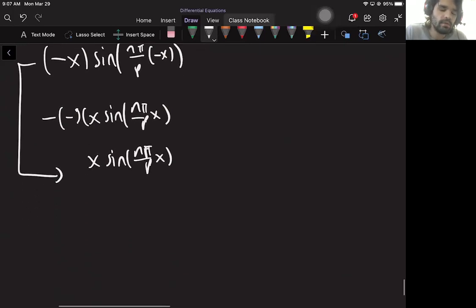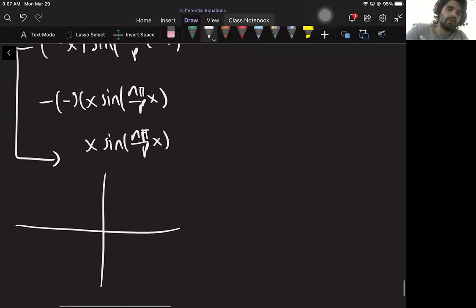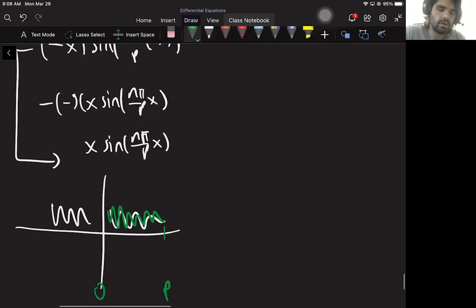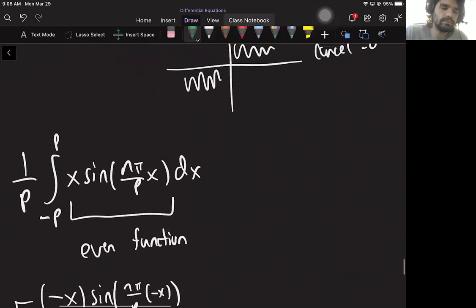And when you integrate an even function, one that is symmetric about the y-axis, then the area on both sides will be the same. And so what you can just do is integrate one side from 0 to p and then multiply it by 2. So whenever you integrate an even function, you can do this.